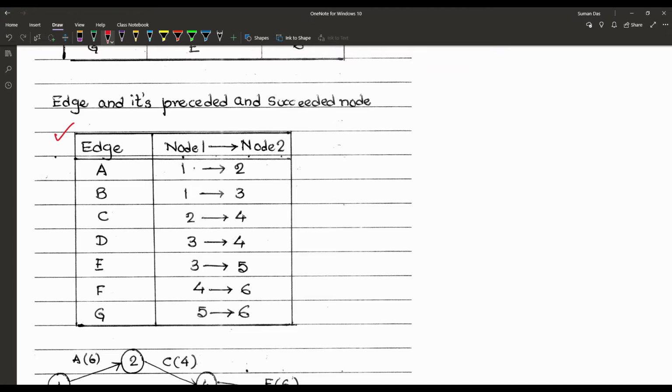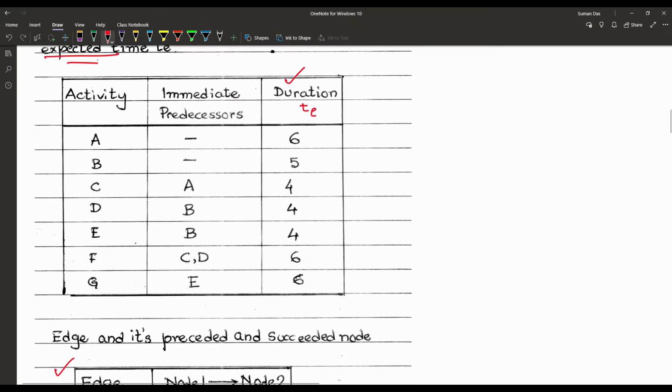Let's check; we are constructing the diagram from here.